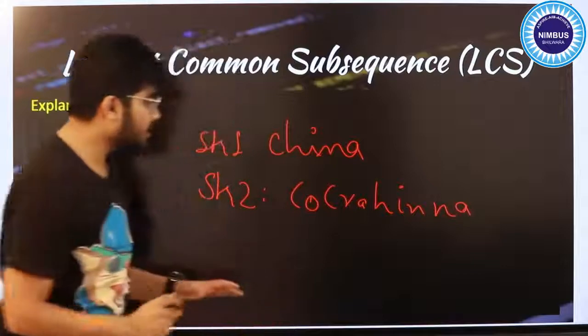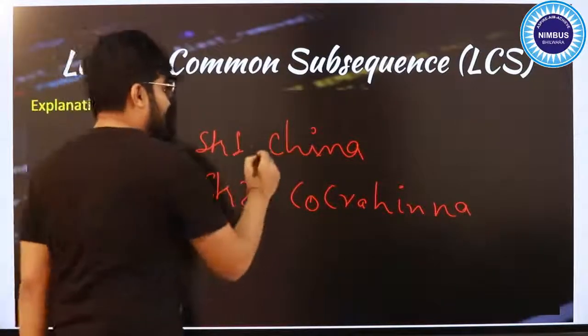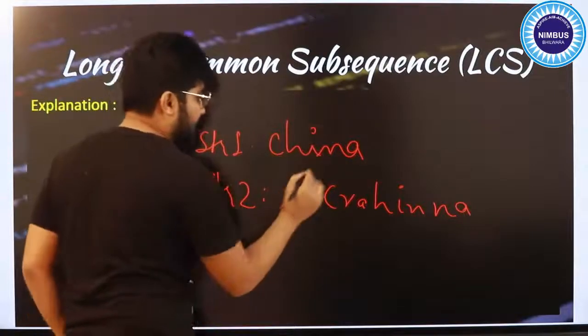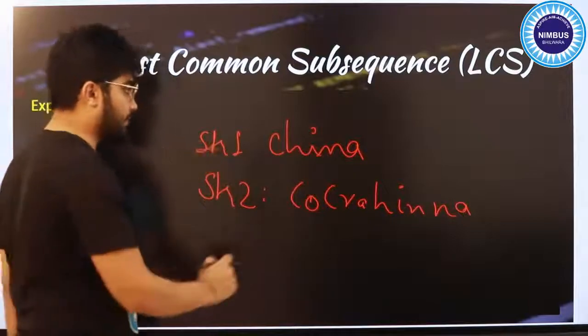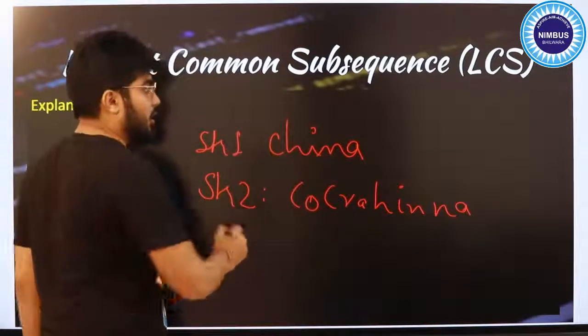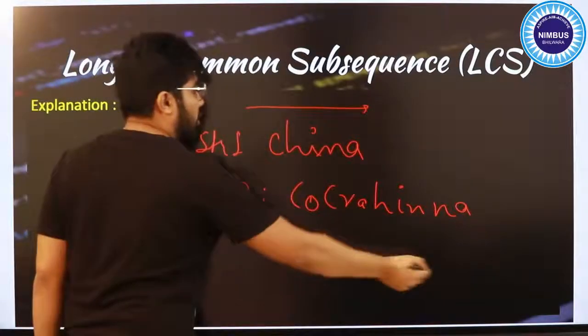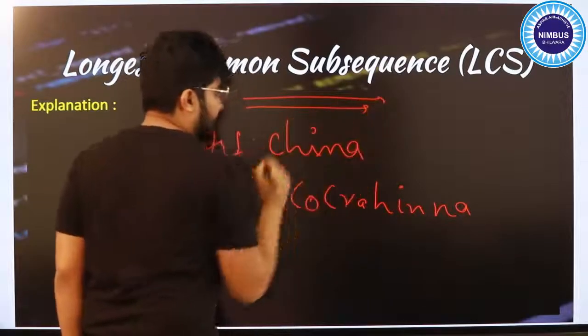So this is given to you. Now what you have to do is see what the subsequence is that is the same in both of these. A subsequence is a sequence, so you have to go in the same order, either from left to right or from right to left. So let's go from left to right once.